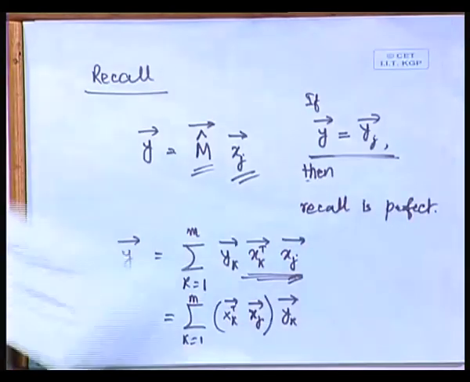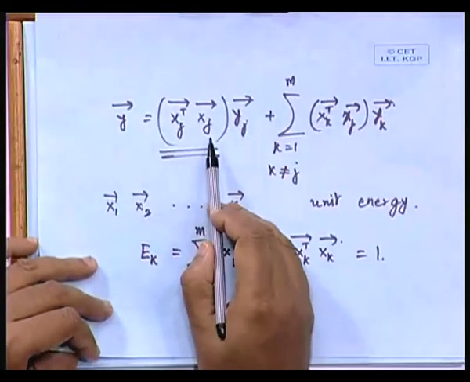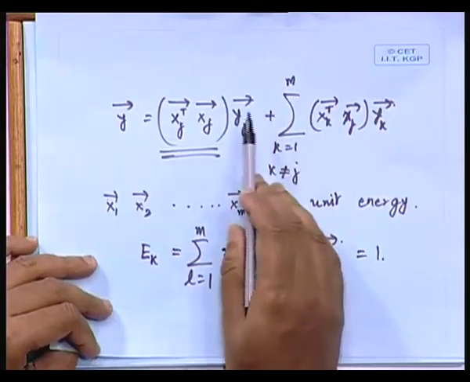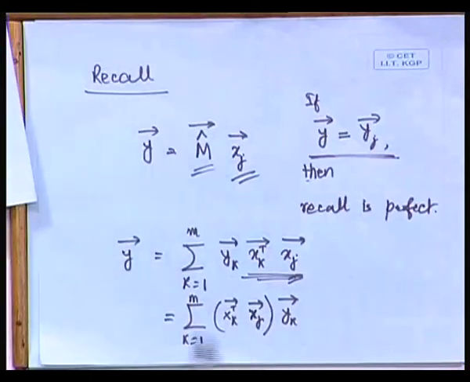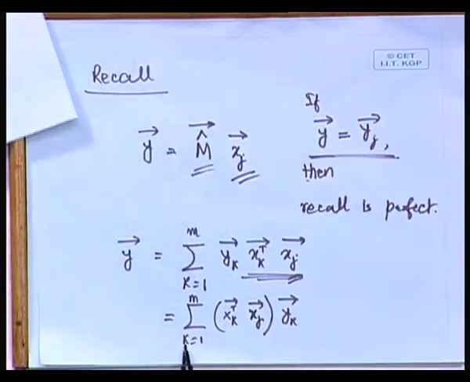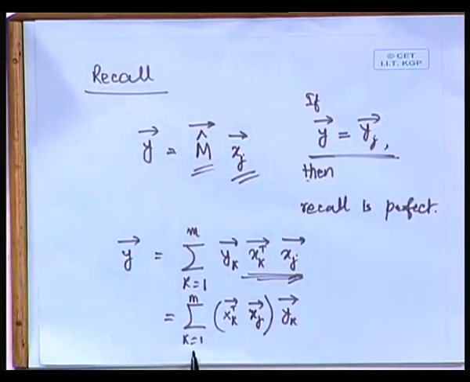By substituting k equal to j, we obtained xj transpose xj times yj, all vectors mind you, plus the summation term remaining as it is, except that here we are summing for k not equal to j, for k equal to 1 to m.